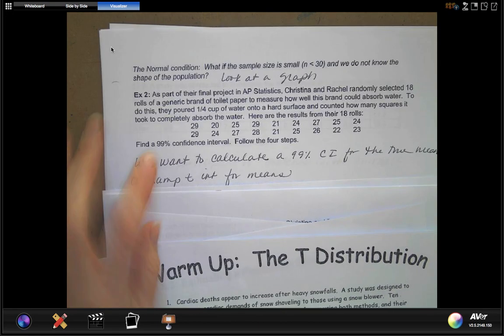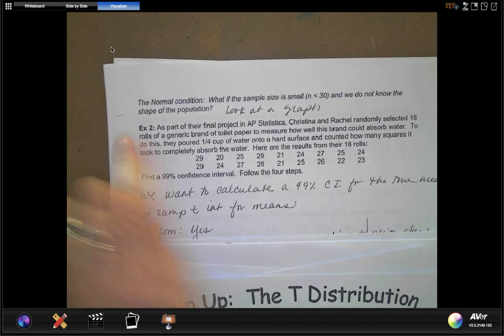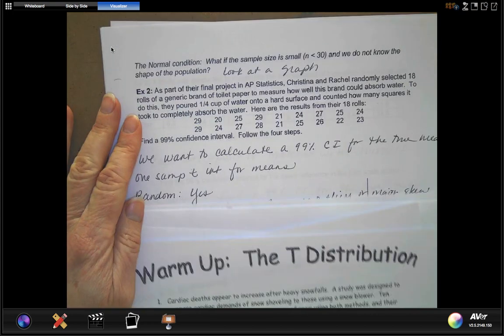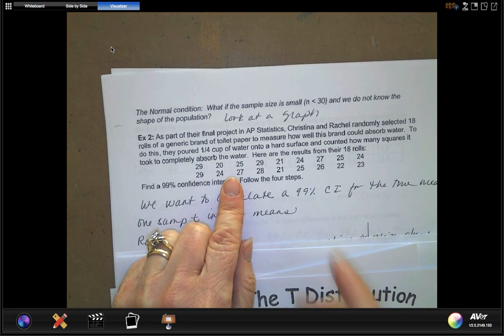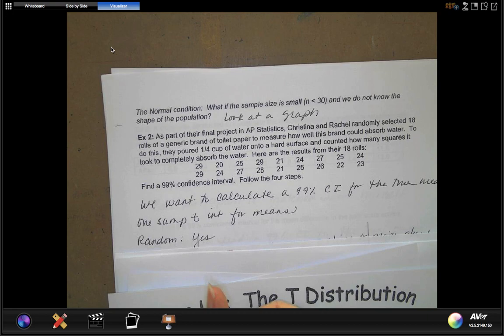We're doing a one sample t interval for means. Random, so yes, they randomly selected 18 rolls. All right, for the normal check, obviously always check, does your problem tell you it's normal? If the problem tells you it's normal, don't go through the process of making me a graph. Read the problem.